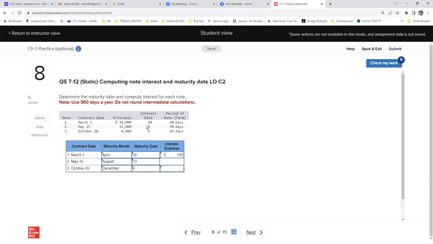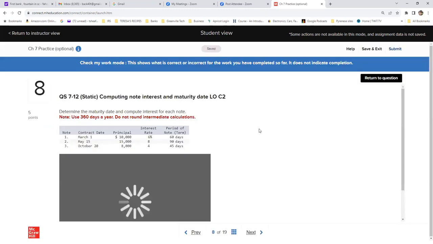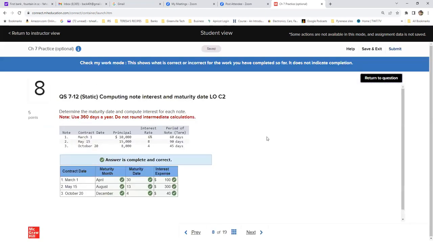Again, 15,000 times 8% times 90 divided by 360. That gives us $300. And 8,000 times 4% times 45 divided by 360. That gives us $40. Let's check our work, see if we got it right. And we did.